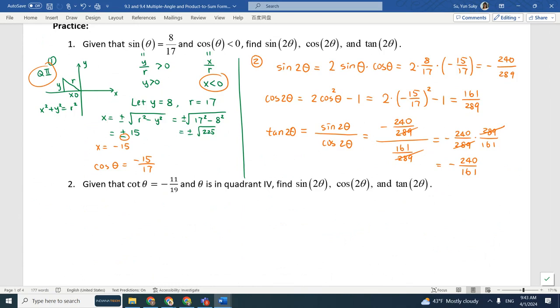Okay, cotangent is the reciprocal of tangent. Tangent is the opposite over adjacent. So then you flip it, it becomes the adjacent over opposite. And see here, the x is on the right, and then your y is on the left.